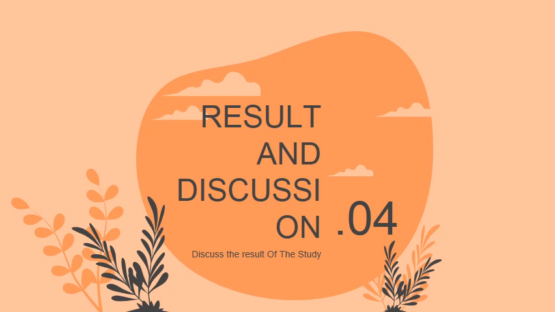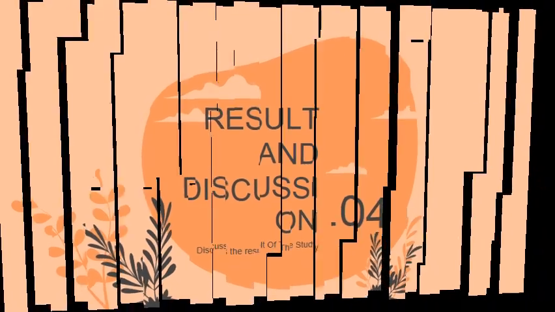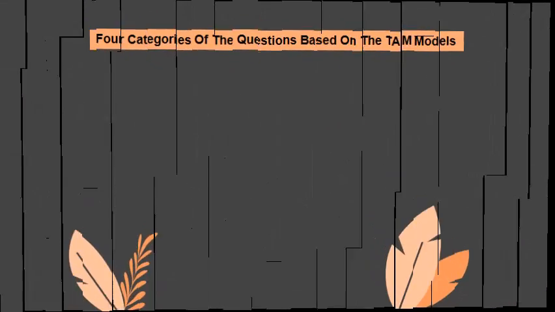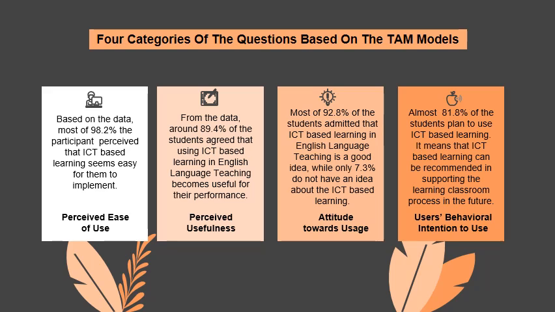The next part is about the results and discussion. To discuss the data results of the study, there are four categories of questions based on the TAM model by Davis, 1985.